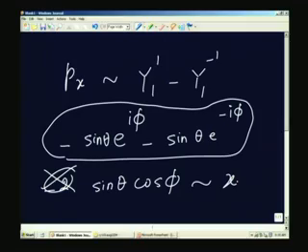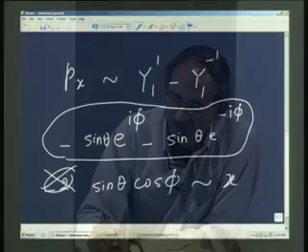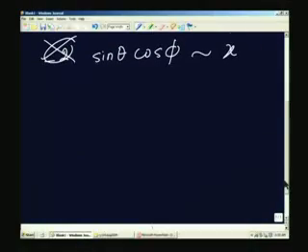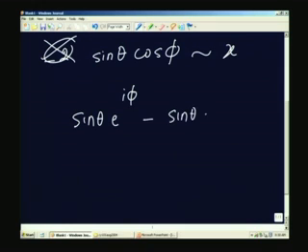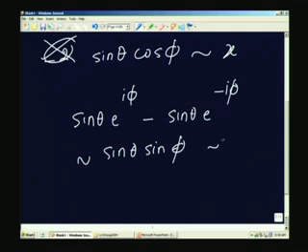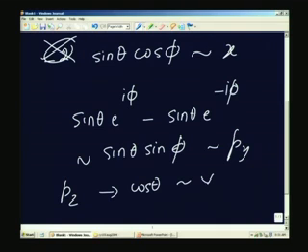That's the definition of the spherical polar coordinate representation for x, and for y it is sine theta sine phi, and obviously you got sine theta sine phi from the linear combination sine theta e to the i phi minus sine theta e to the minus i phi. Now this was the Py orbital, and with respect to Pz there was no problem, it was simply cos theta, which is proportional to the spherical harmonic Y10.